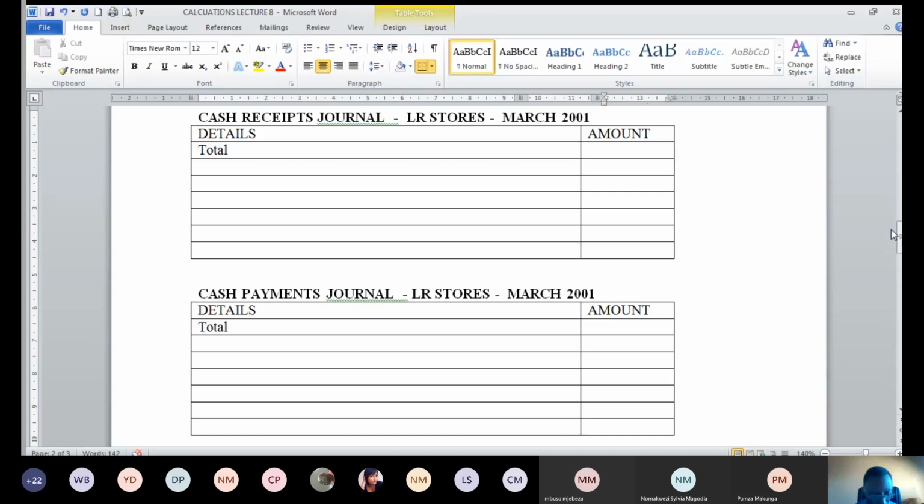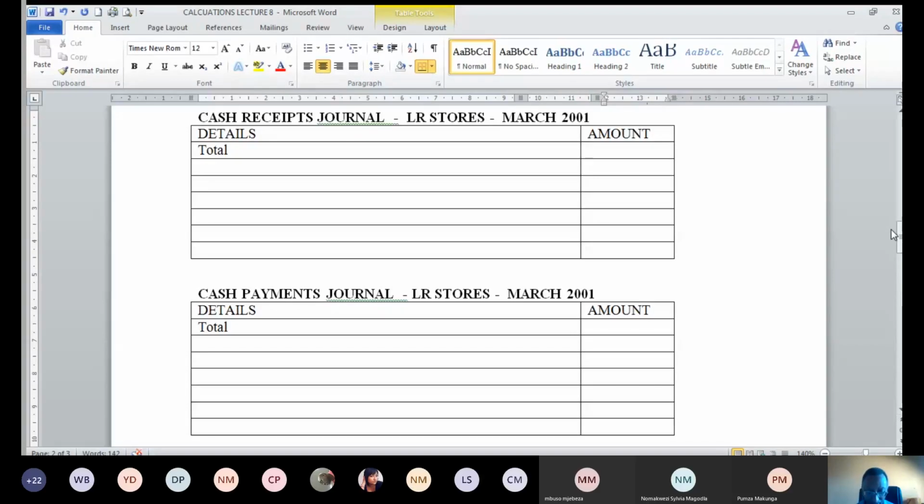Just check for me on that one, guys. On your bank statement, there is an amount of 5,000 Rand. But take a look at the date there, and that 5,000 Rand is dated the 28th of March. However, in the cash receipts journal, there is a 5,000, but that is the 5,000 Rand that was only deposited on the 31st of March.